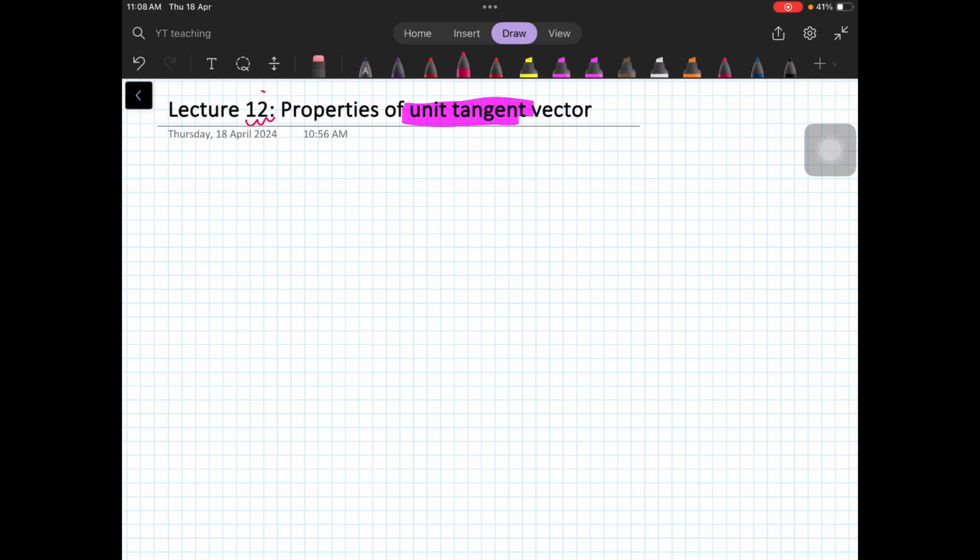So I am writing here, assume that the path x always has non-zero speed.